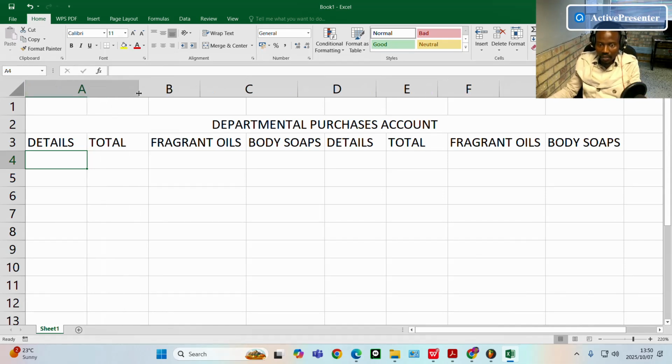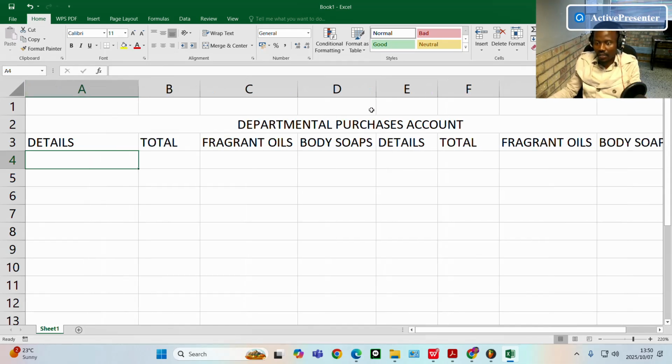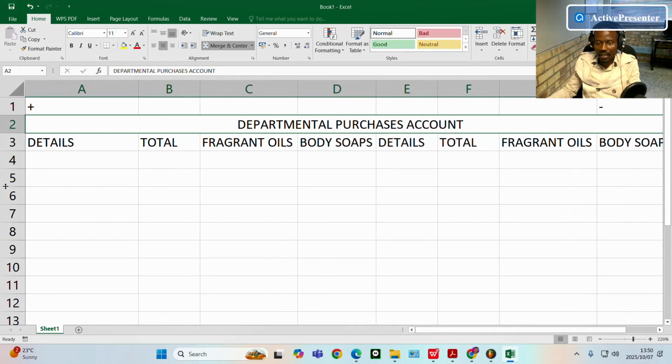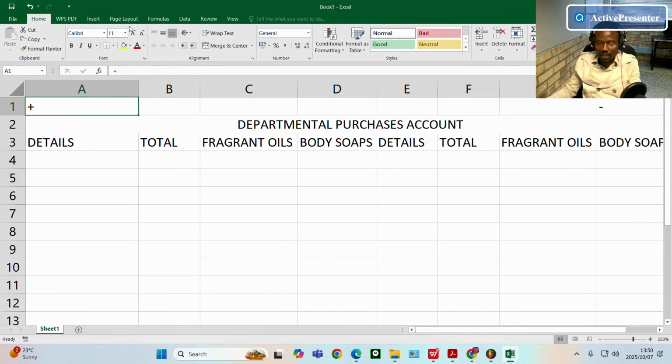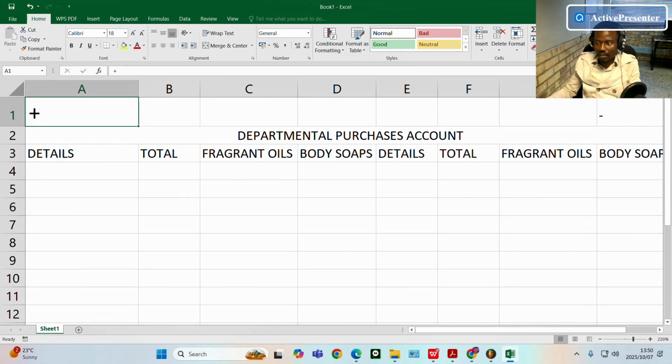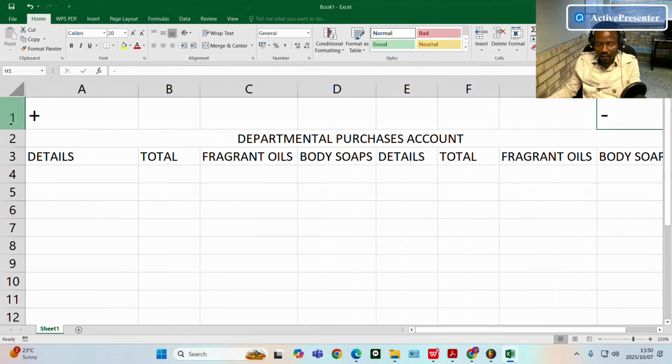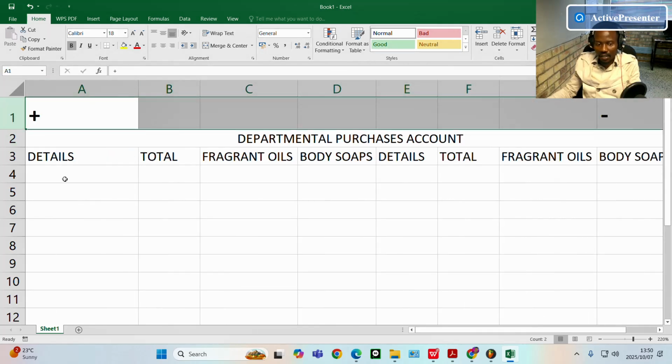So we debit, because this purchases account is an expense account, meaning it increases on the debit side, and it decreases on the credit side. This is just a guideline to remind you guys of the accounting principle. It's not something that's necessary for you to put.